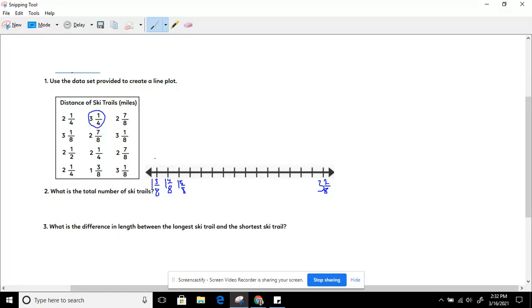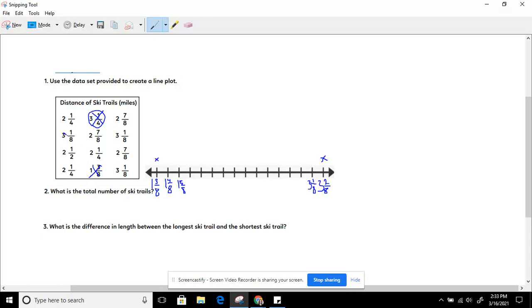So 1 3/8 we know comes out once. 3 1/4, which is equal to 3 2/8, we know that comes in once. So I've done 2 for you. And I could do even the 3 1/8, because that's going to come right before 3 2/8.